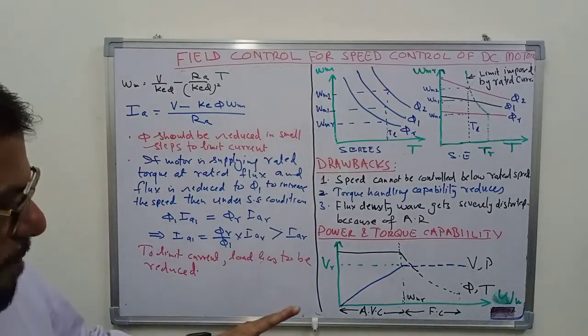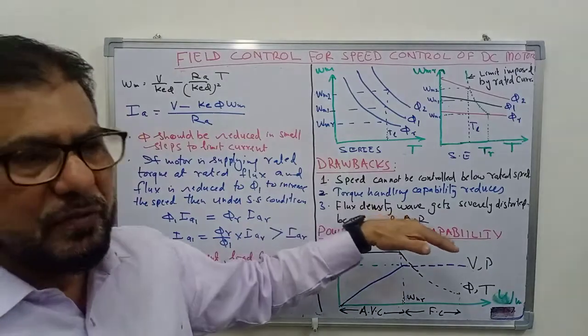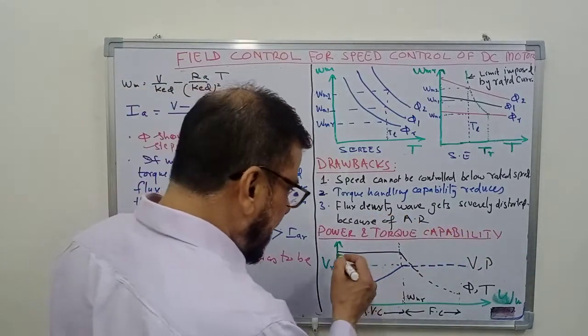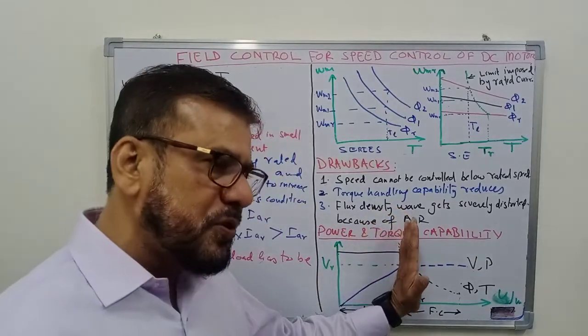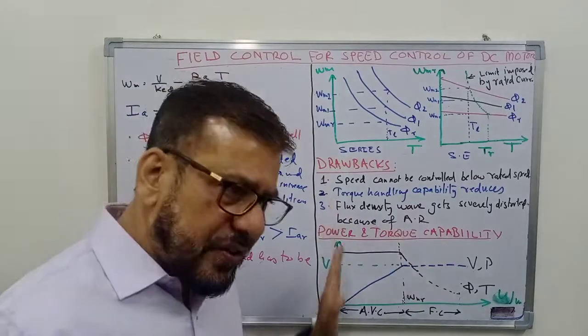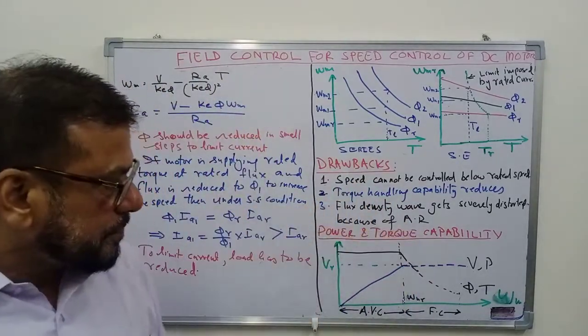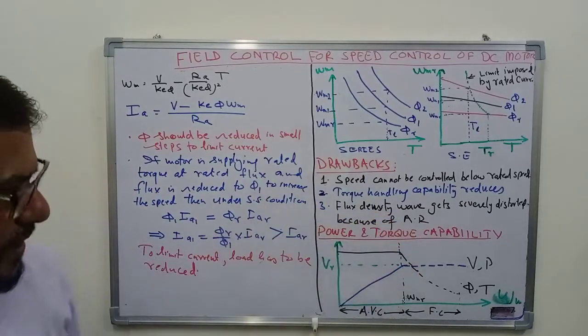This means that the power produced by the motor will increase, but the torque produced by the motor will remain constant. So in this range, the power increases and torque remains constant. So if you are controlling the speed by armature voltage control, that drive you may call as constant torque drive. Power varies, but the torque remains constant.